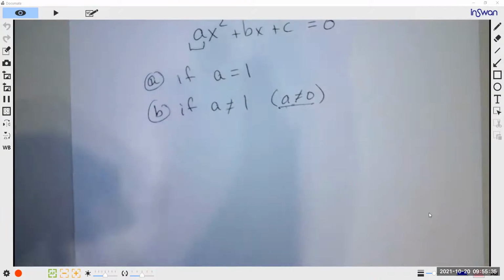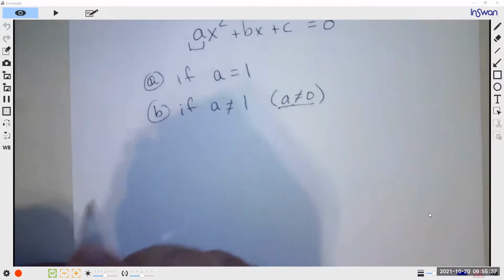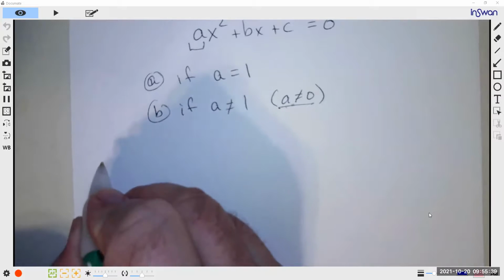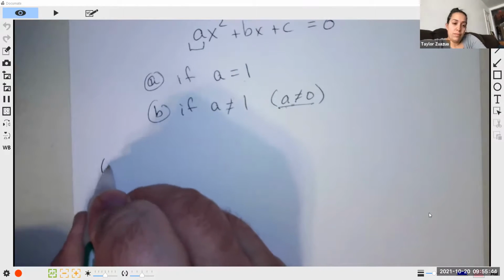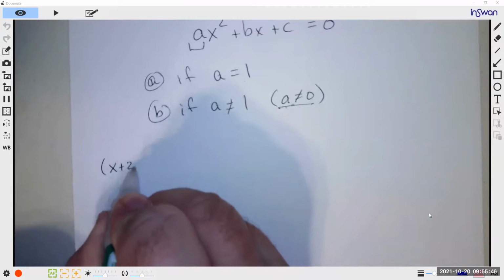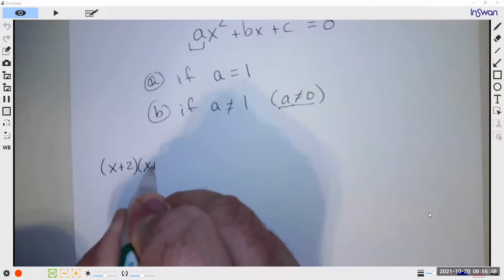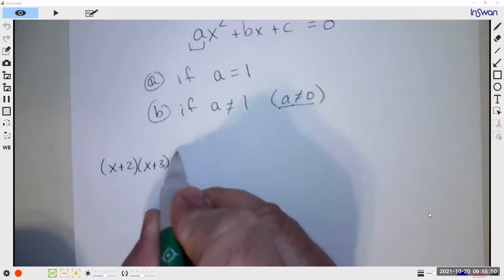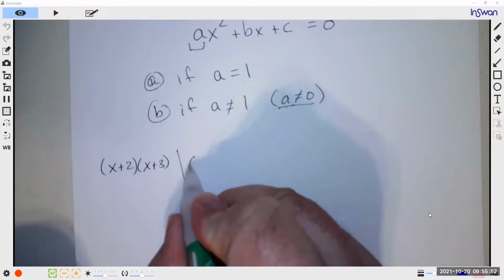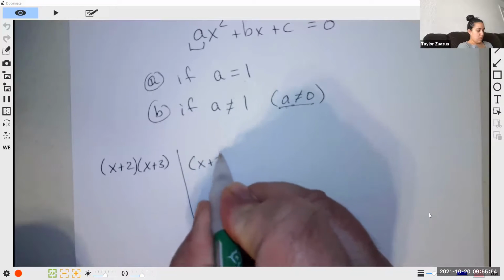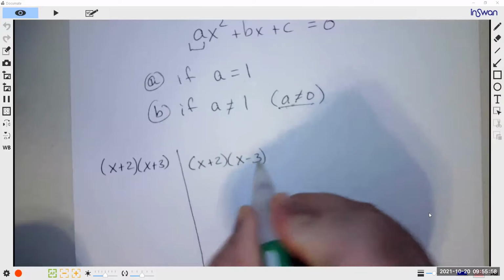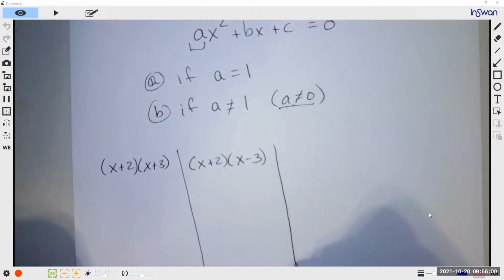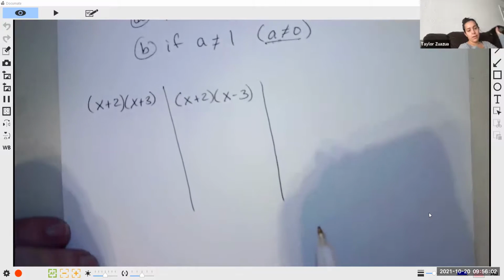Before we start factoring these, let's first practice. I'm going to give you 4 possibilities. x plus 2 times x plus 3. x plus 2 times x minus 3.